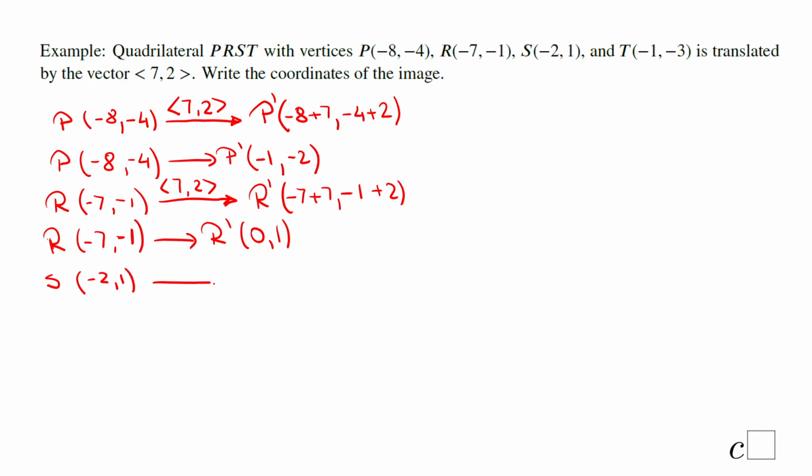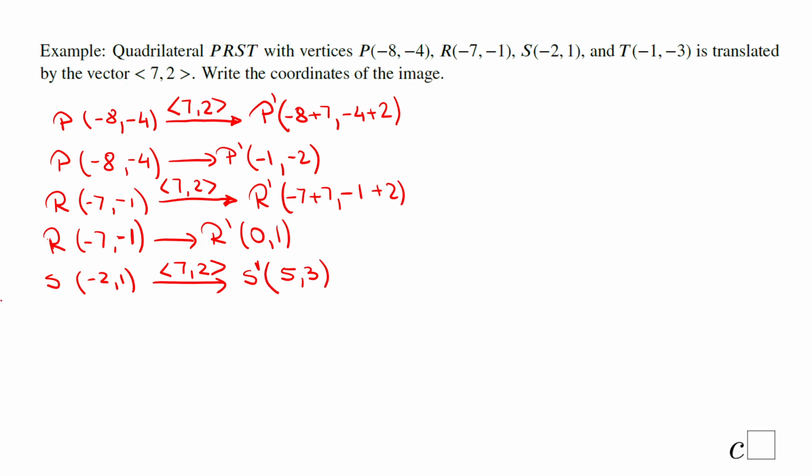I'm gonna move, by the way, this means what? 7 right, 2 up. You may want to remember this, you never know. Now I'm gonna do the math right away. I think we can do it. -2 plus 7, that will be 5. 1 plus 2, that will be 3.